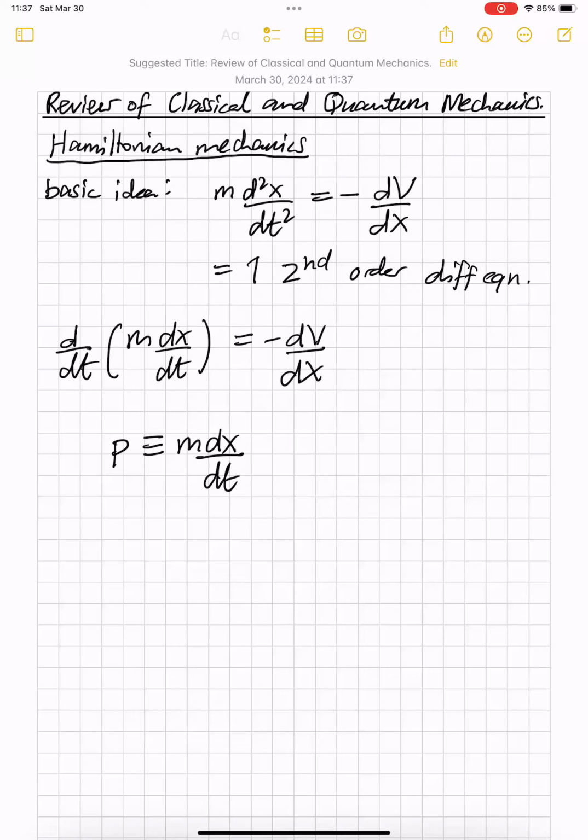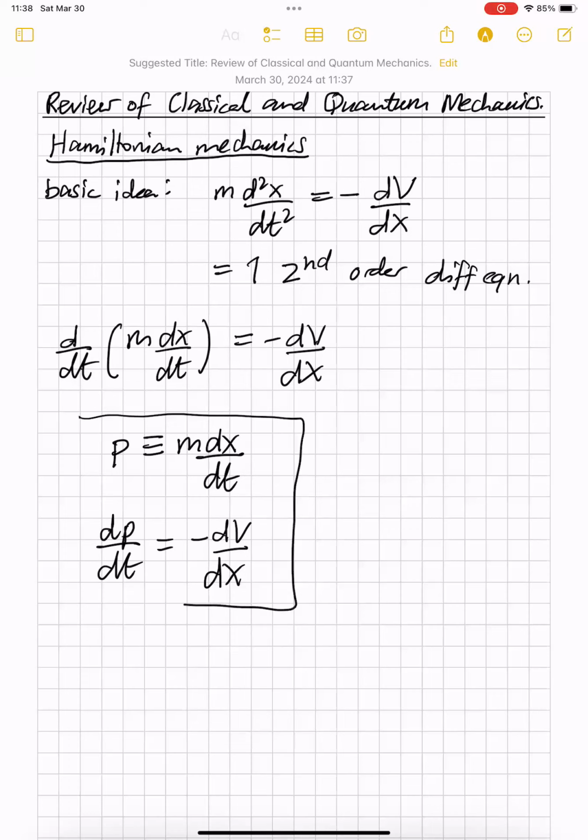And then I can write Newton's second law as dp/dt is equal to minus dV/dx. And what you'll notice here, we have two first order differential equations. So we've gone from one second order differential equation to two first order differential equations.